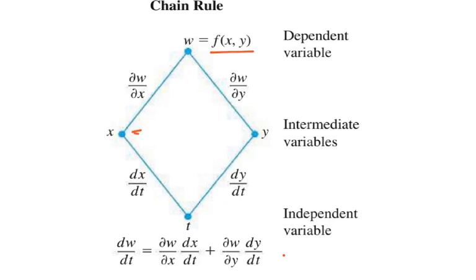So x here, that's the same as saying x of t, and the y is some y function of t. So we take the partial of w with respect to x and the partial of w with respect to y. That gets me to my intermediate variables. And once I'm at my intermediate variables, we're going to differentiate x with respect to t and differentiate y with respect to t. And so that's just kind of a method to help us remember our chain rule for functions of several variables.